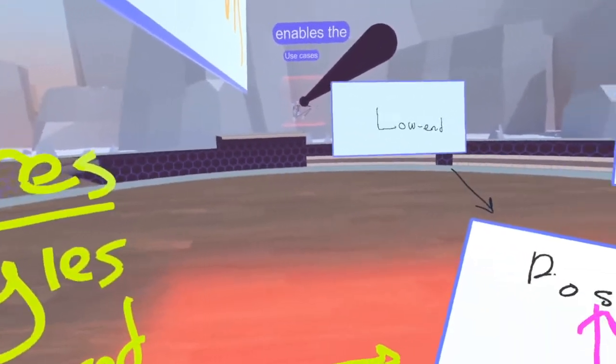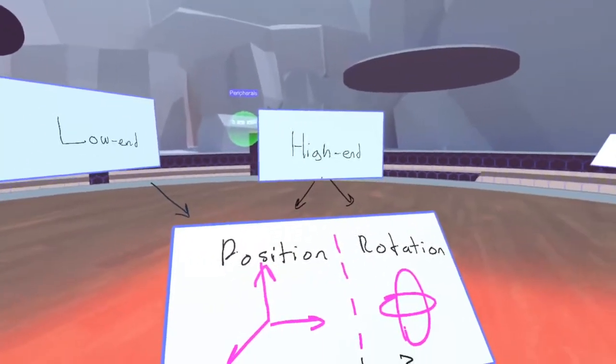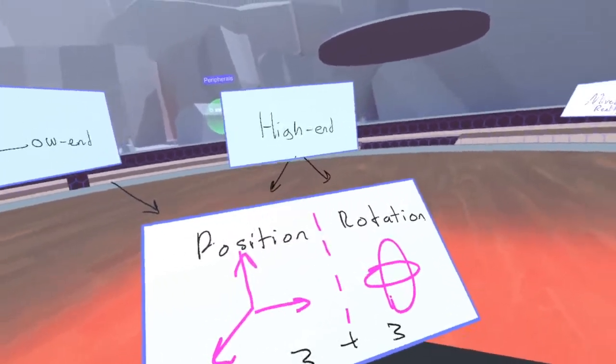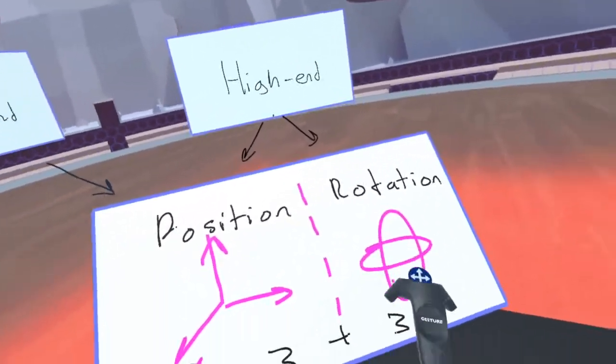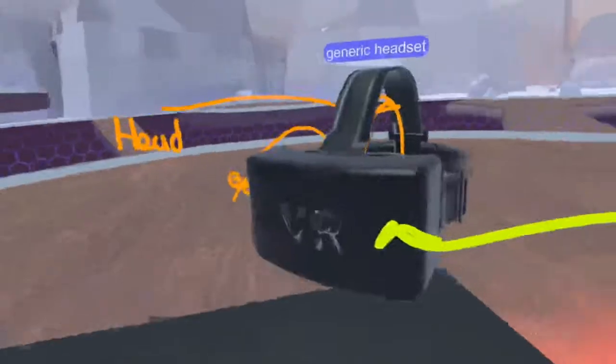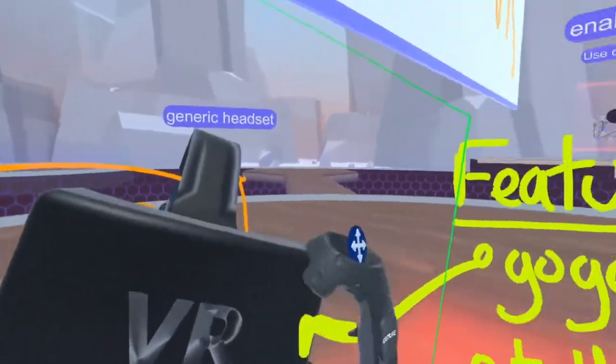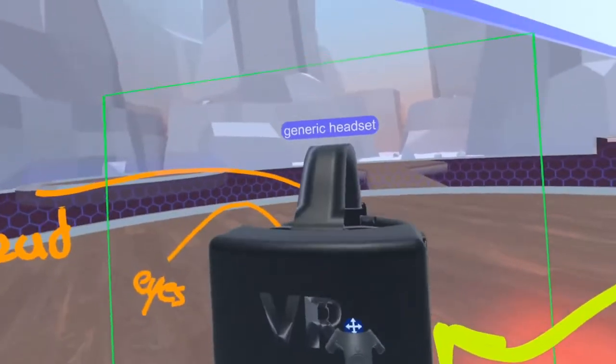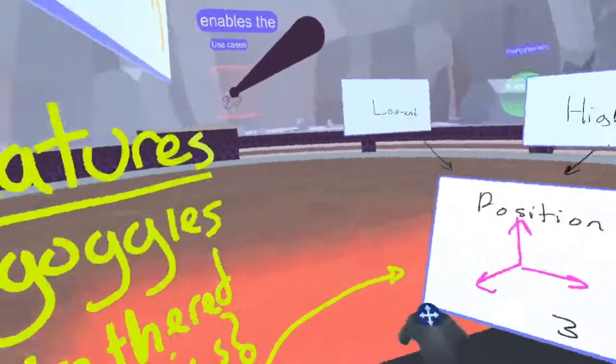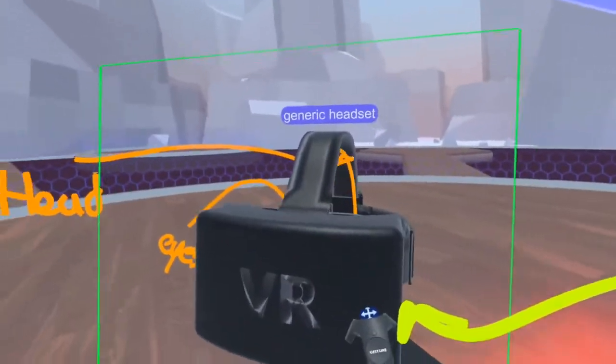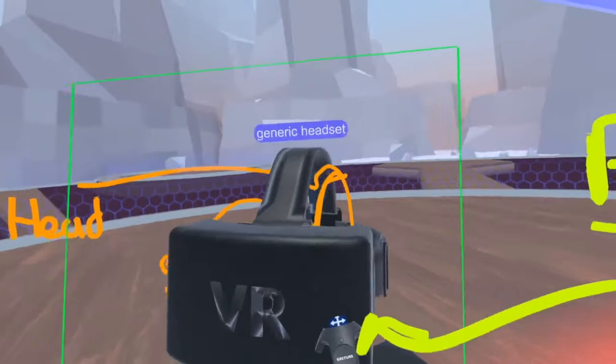The degrees of freedom refer to how much of your movement the VR headset can replicate. So all VR has rotational tracking. That means when you turn your head, so for example, if I were to go here and turn it, what you would see in the world would actually reflect your head turning. But only some headsets have positional tracking. Some headsets will change the world as the headset moves, but others won't.